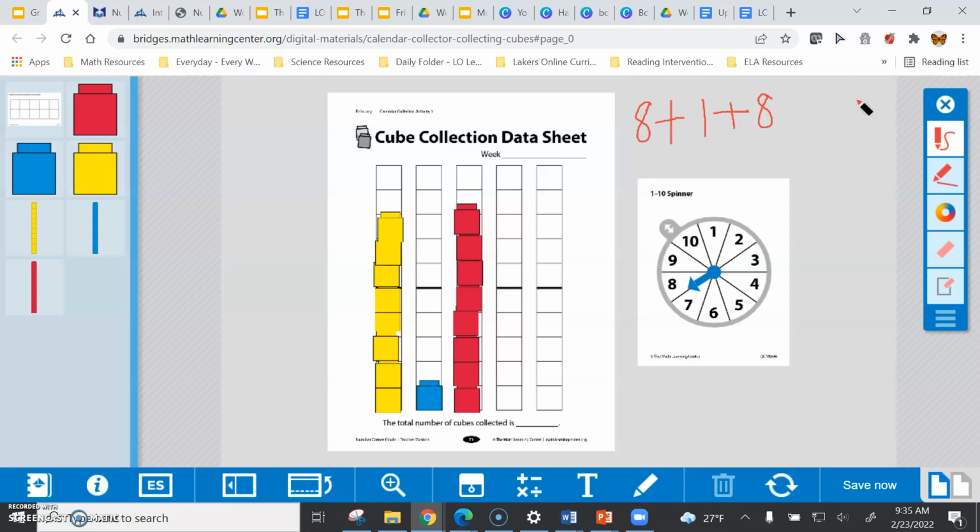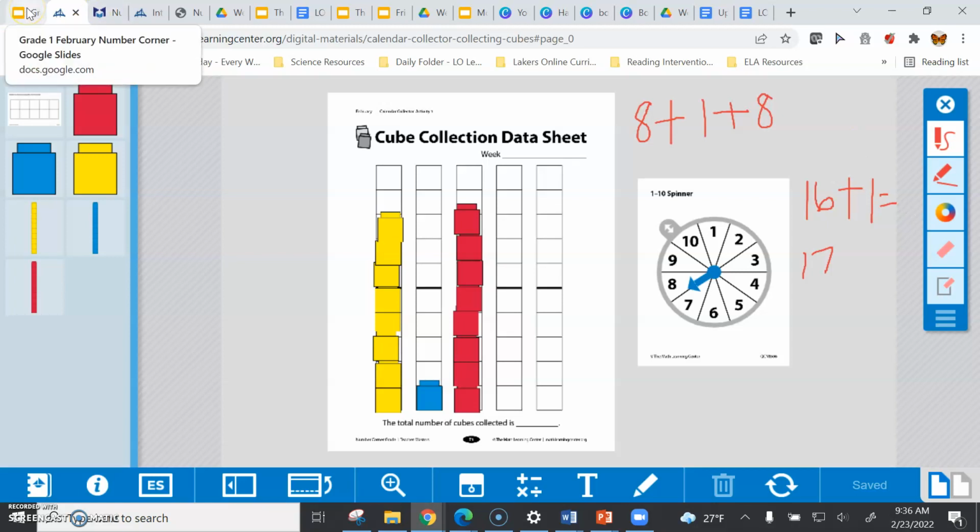It's no trouble for me to add doubles. 8 plus 8 is what, class? 16. And 16 plus the number we haven't used yet, which is the number 1. 16 plus 1 equals 17. So 17 cubes we've collected this particular week.